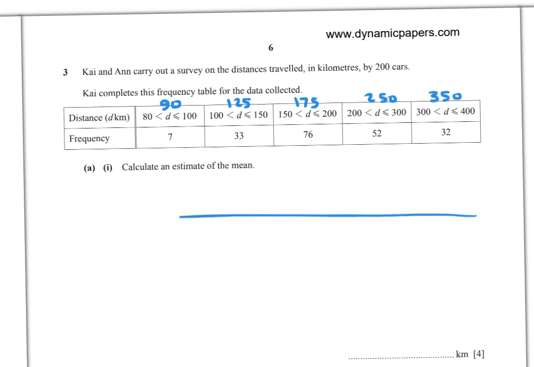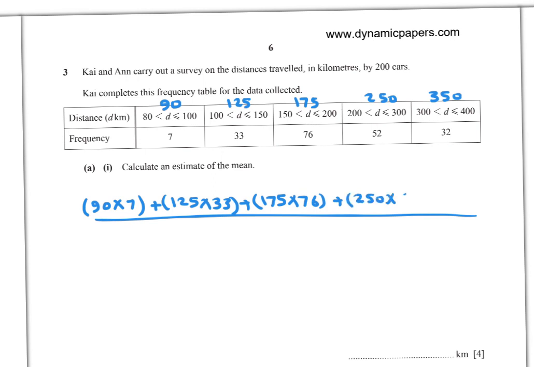Now multiply the middle value by the frequency: 90 times 7 plus 125 times 33 plus 175 times 76 plus 250 times 52 plus 350 times 32. Divide by 200, so 211.275.